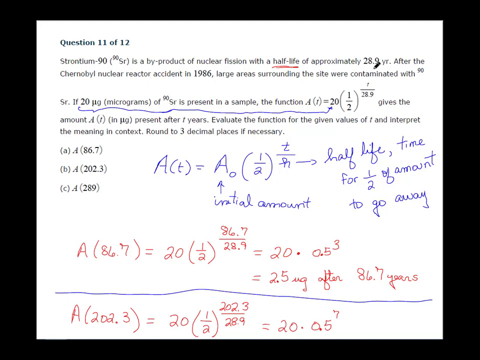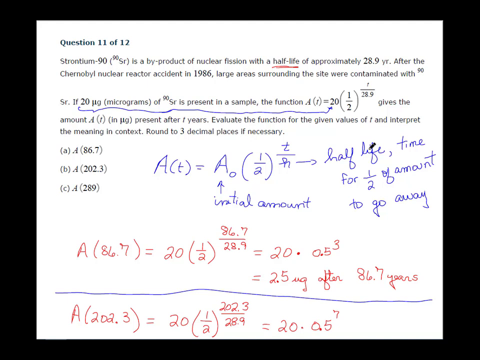So what that means is the following. Let's say I had 100 grams of this substance. If I let it sit on a table for 28.9 years, then I would be going down from 100 to 50 grams. If I go another 28.9 years, it would halve the 50 again.